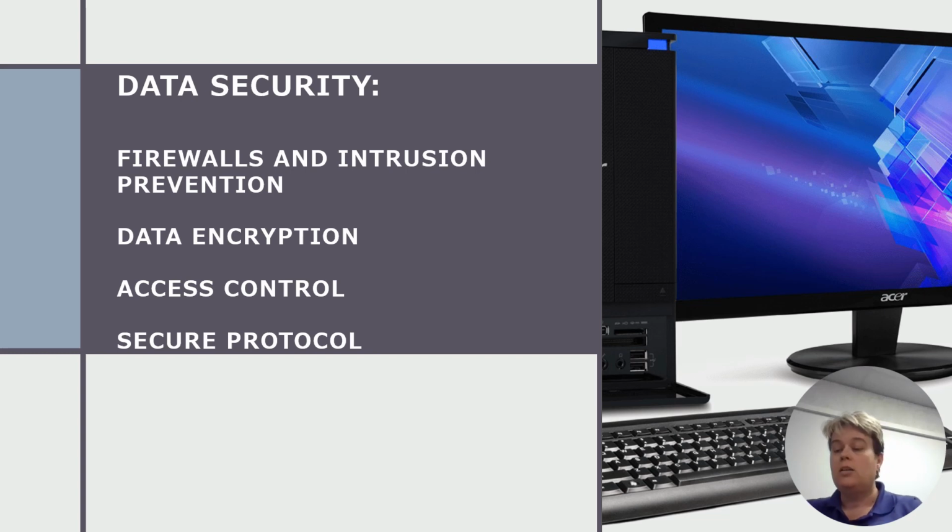Secure protocols. This is in place to make sure that you are sending via like through the internet or whatnot and that it's secure. It is encrypting data and again decrypting data when it gets to the other side. There's many different ways you can do this.